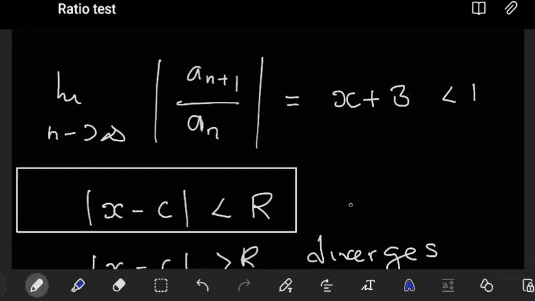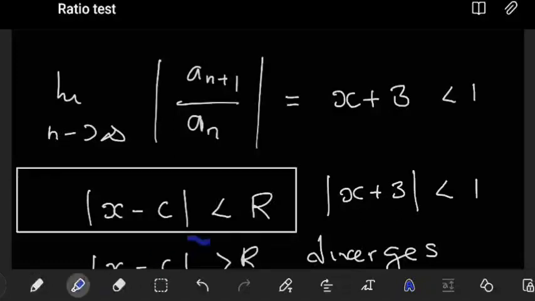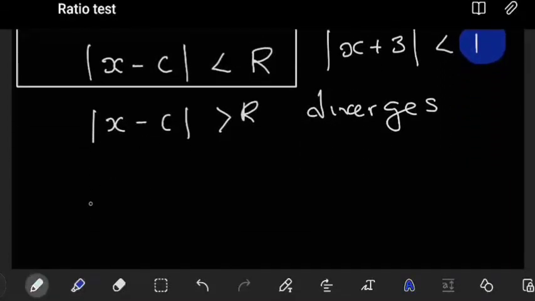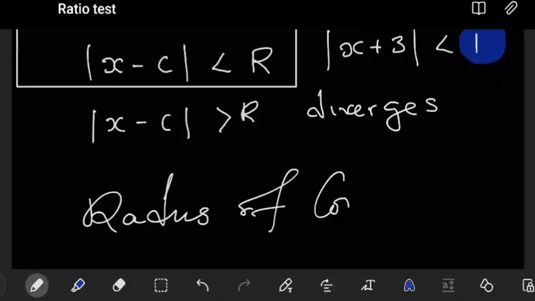In other words, we can literally see this and say x plus 3, its modulus has to be less than 1 for the series to converge. In this case, notice that it then plays along to say that the radius of convergence has to be the 1 equals to 1. So we then conclude that the radius of convergence has to be equal to 1.